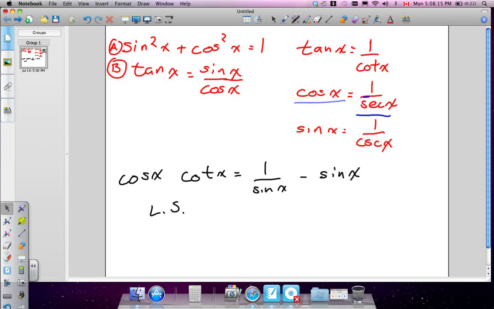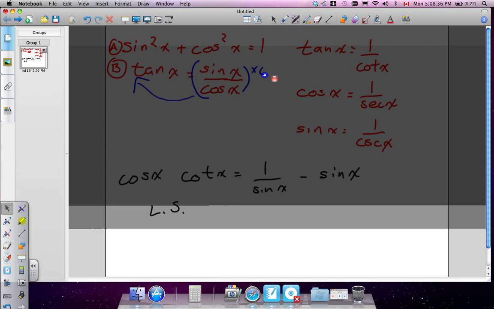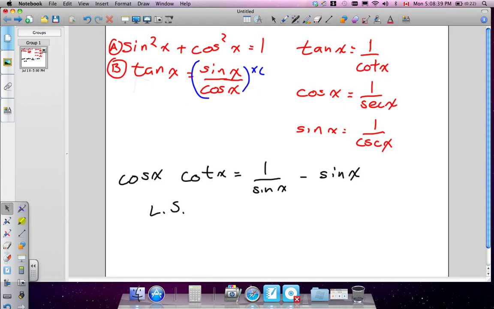But here we also have tangent and sine with our cos. So what I can actually do is rearrange this identity to be equal to cos x. I'd bring the cos x to this side, and in order to do that I have to multiply this top by cos x, and this side by cos x.